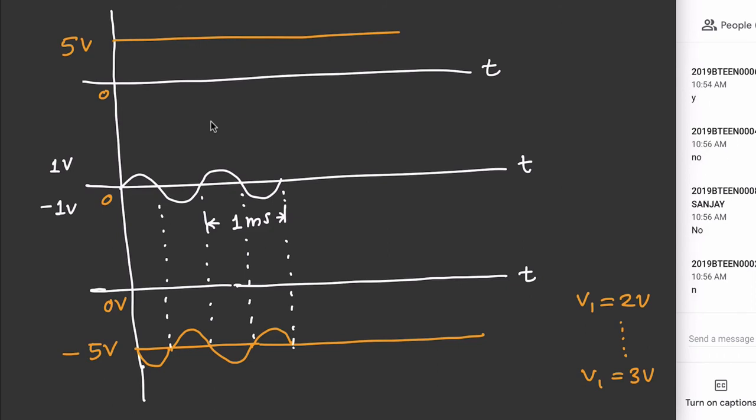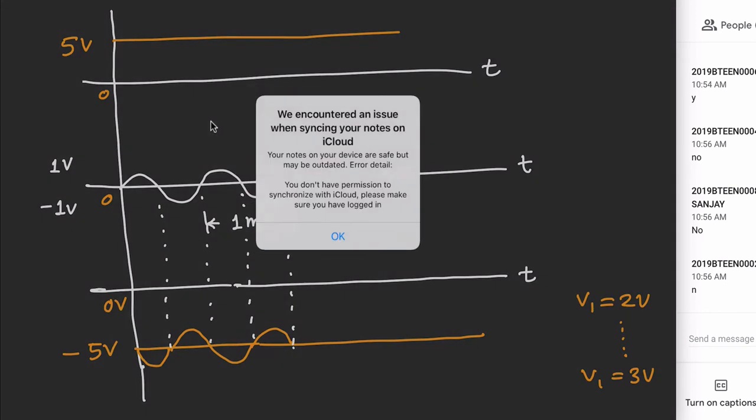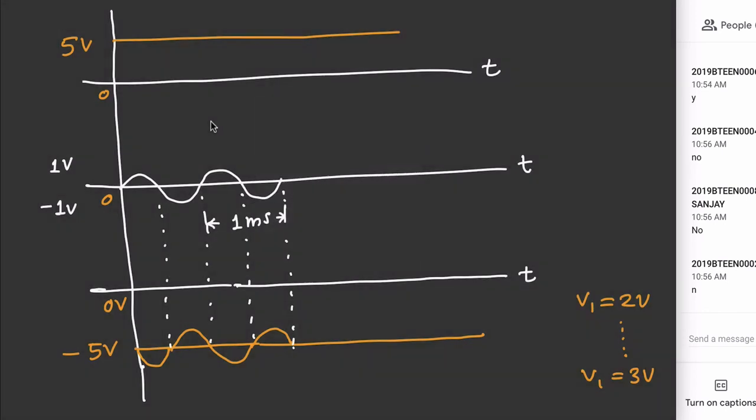No. Then what will be the change? The change will be that this level will go up or down depending on the value that we set as V1. Yes or no? This will be going up or down.